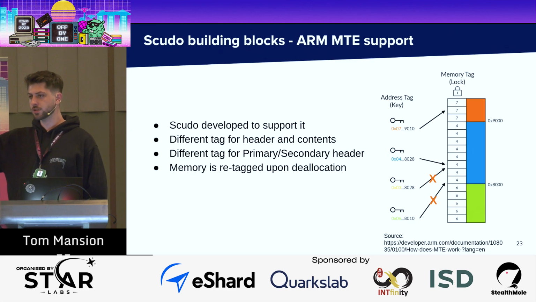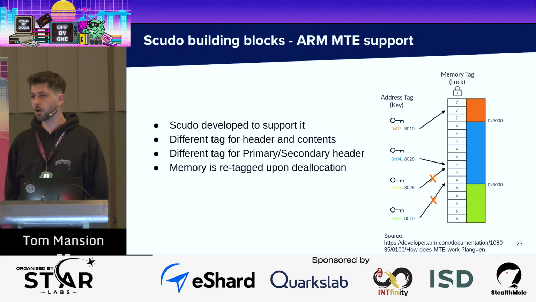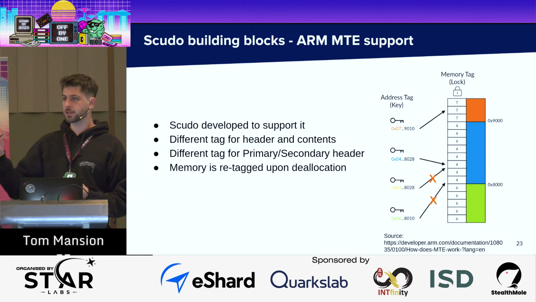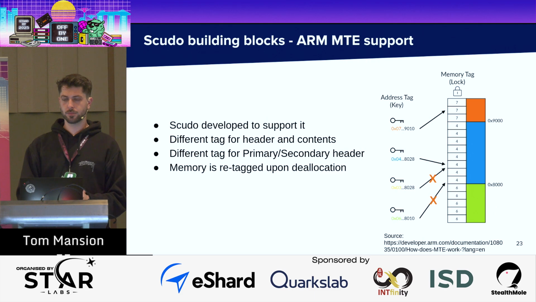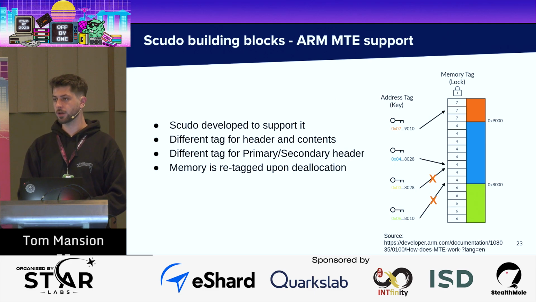So you can actually use these higher order bits to store this tag, and then in the memory we're going to store the same tag, right? And so when you're using a pointer to access some memory, there are some hardware instructions that are going to check that the tag matches the lock that's stored in memory, right?